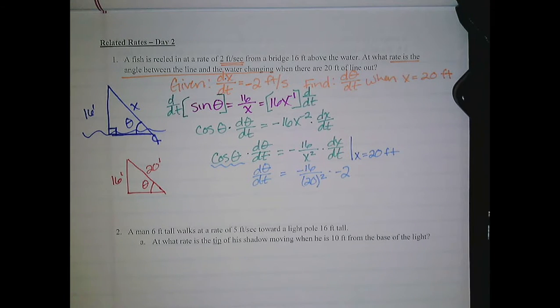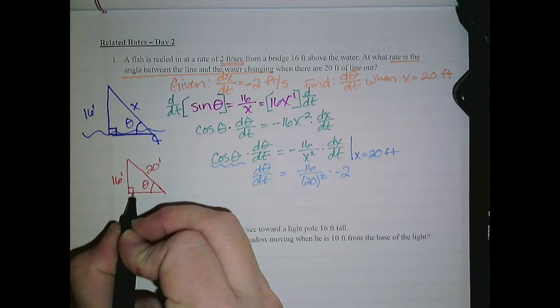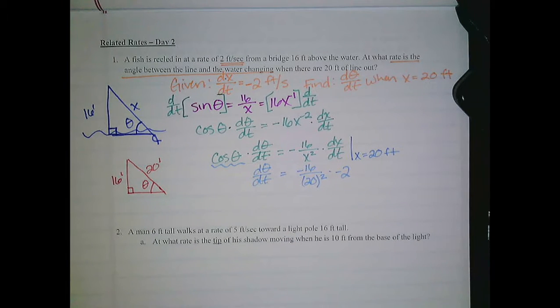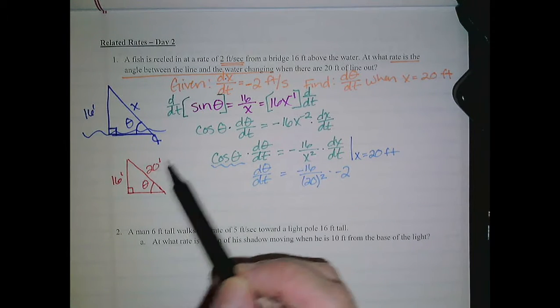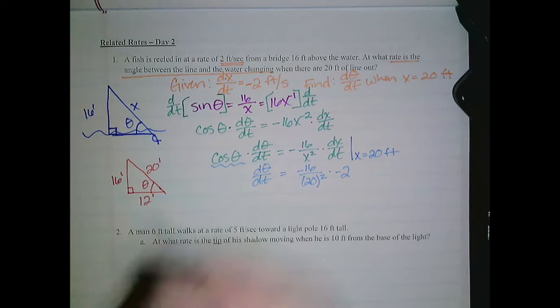Well, if the hypotenuse is 20 feet and this leg of my right triangle is 16 feet, then really I have a 3, 4, 5 triangle, right? Because this will be 4 times 4, this will be 4 times 5. So this side should be 4 times 3, which will be 12 feet. If you don't immediately see that you have a 3, 4, 5 triangle, you could also get the same number just by using Pythagorean theorem.